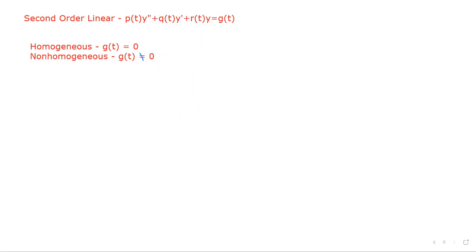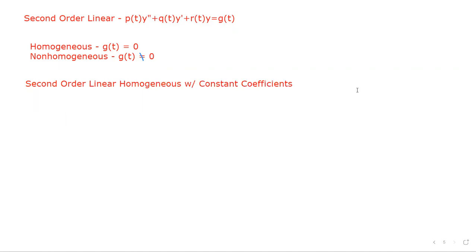So our focus is going to be second order linear homogeneous with constant coefficients.